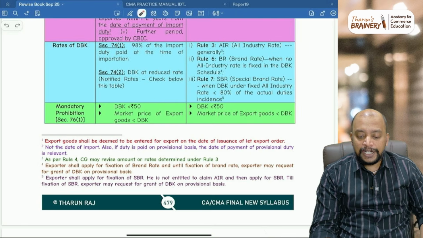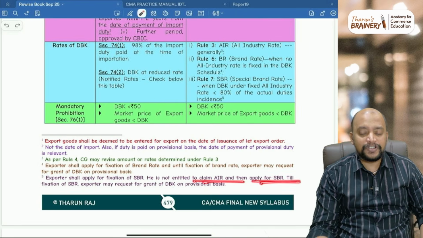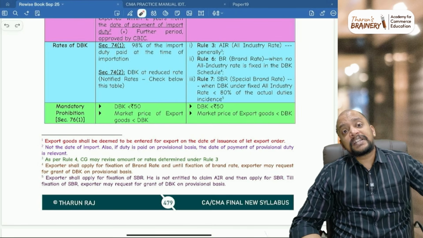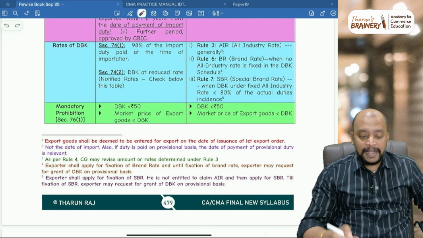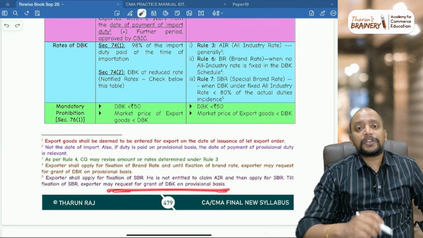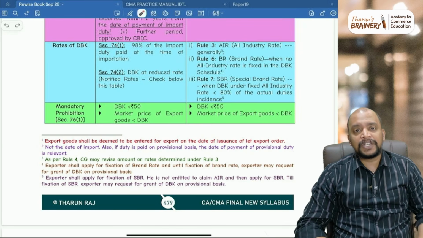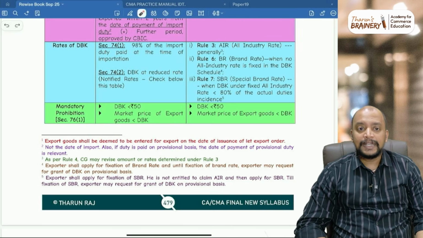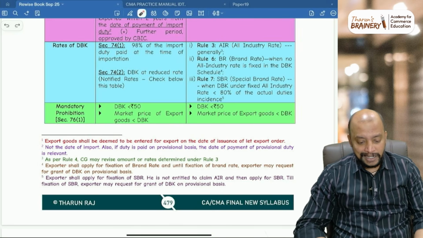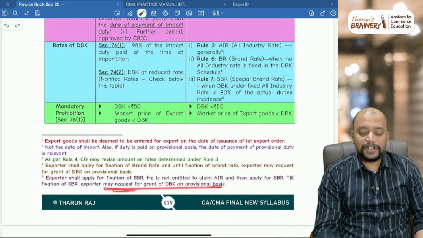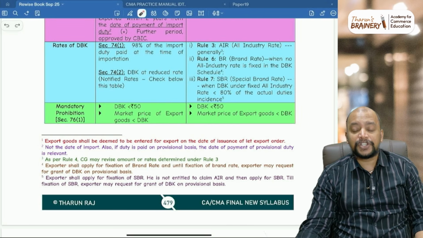He is not entitled to claim all industry rate, then apply for special brand rate. Till fixation of special brand rate, exporter may request for grant of duty drawback on provisional basis. Got it?